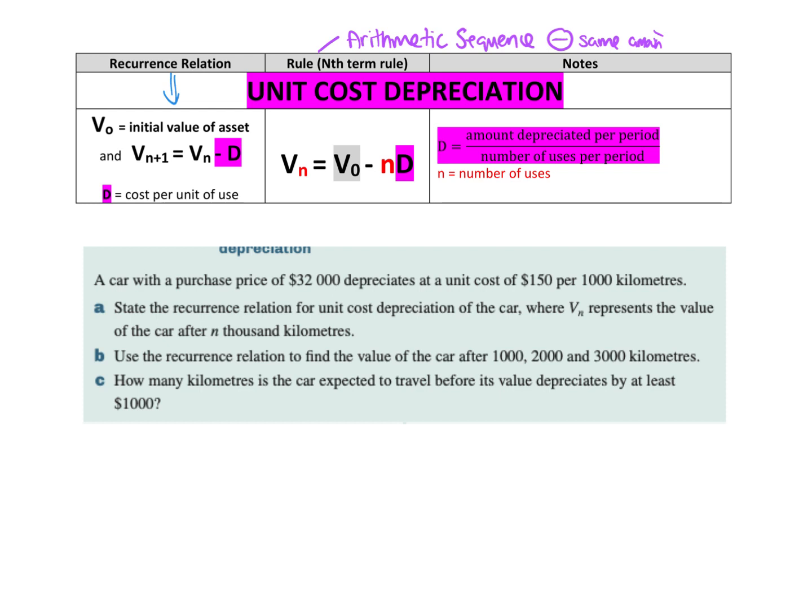Now, it looks very similar to flat rate. The only thing is how this D is found is different. So with flat rate, it was a percentage. With unit cost, they're going to tell you how much every use costs, and that's what it's going to be. So it says over here, sometimes they tell you it, and sometimes you have to work it out.